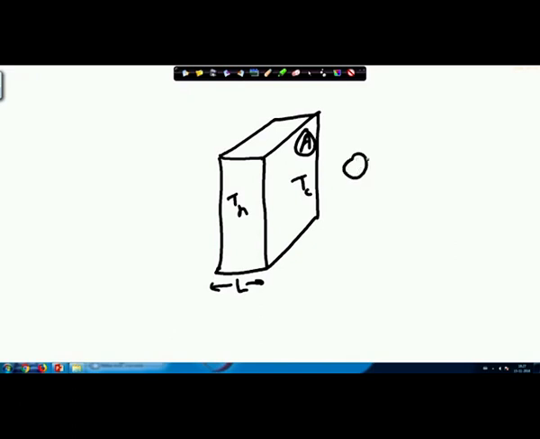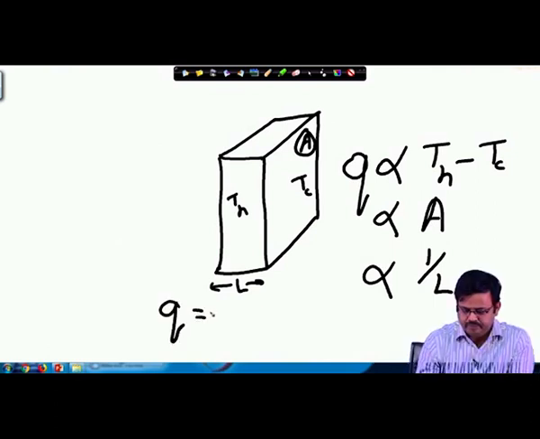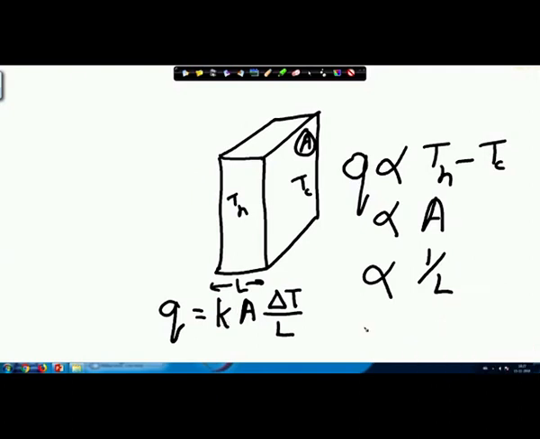Then Q is going to be proportional to TH minus TC, or delta T. It is going to be proportional to the surface area A, and it is going to be proportional to 1 over L. So, therefore, the final expression that we write is Q equals K A delta T over L, where delta T is TH minus TC, and the proportionality constant is written as K, and K is known as the thermal conductivity.